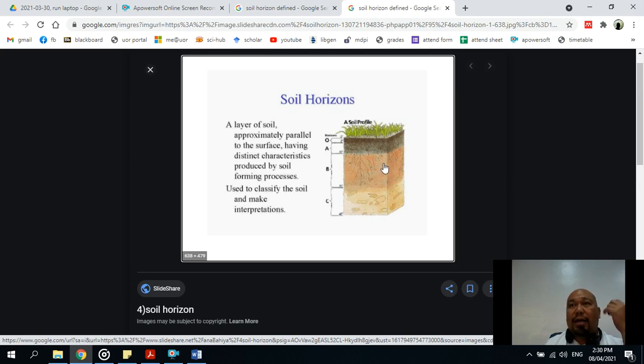There are additions or removal of certain materials from one layer to the other depending on the age of that particular soil. The dark coloration of topsoils is simply because of the accumulation of organic matter. That organic matter does not normally percolate or settle into the next layers. Okay? So again, a layer of soil approximately parallel to the surface having distinct characteristics produced by soil forming processes.